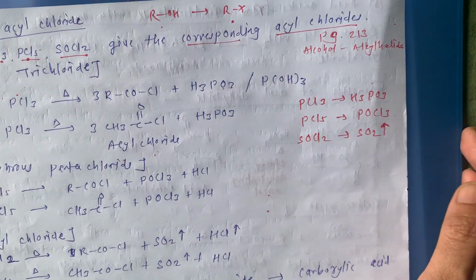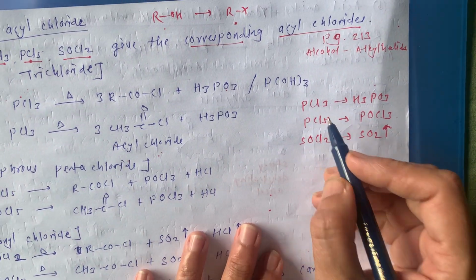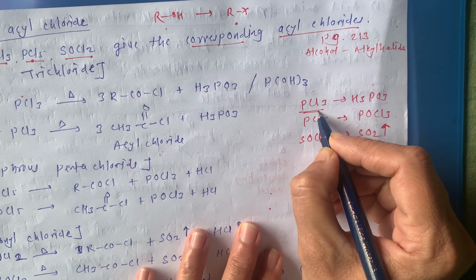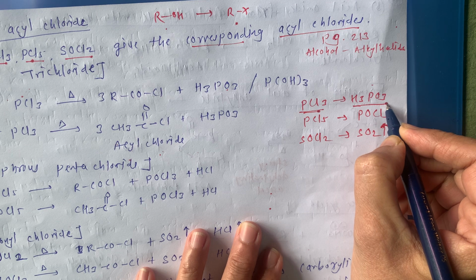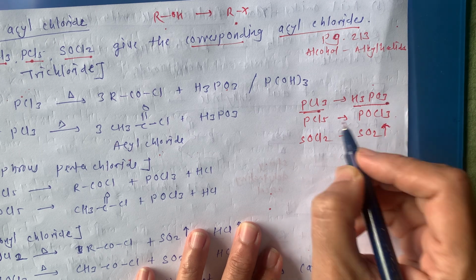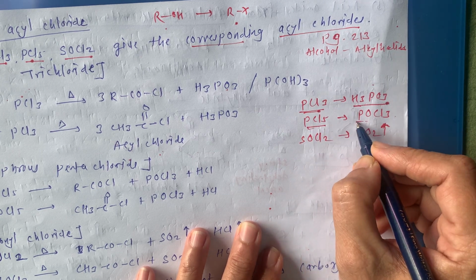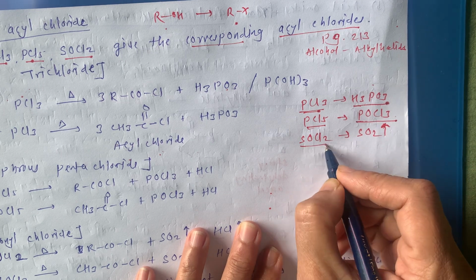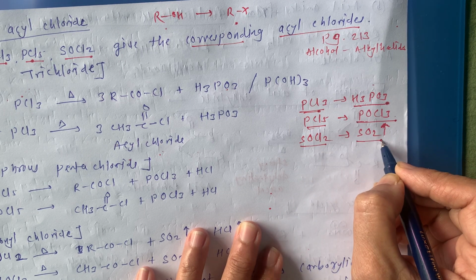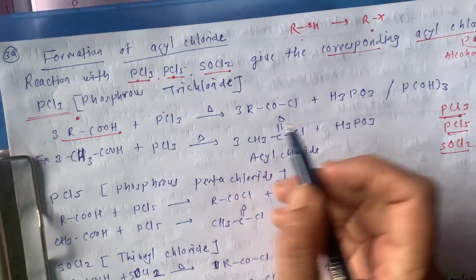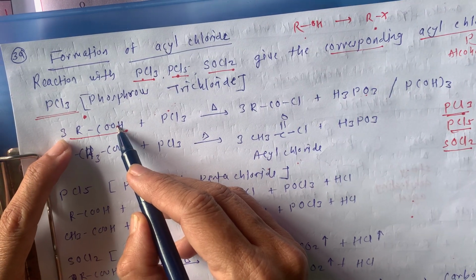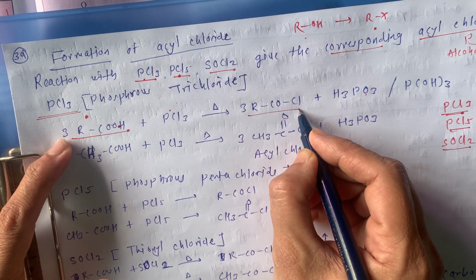If you remember, when we use PCl3 as a reagent, the byproduct is H3PO3 in our alkyl halide chapter. When PCl5, the byproduct is POCl3. When SOCl2, the byproduct is sulfur dioxide gas. Same byproducts we are going to get here also, only the starting reagent is different, so the product is different.